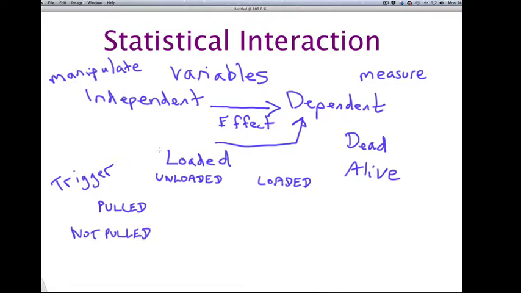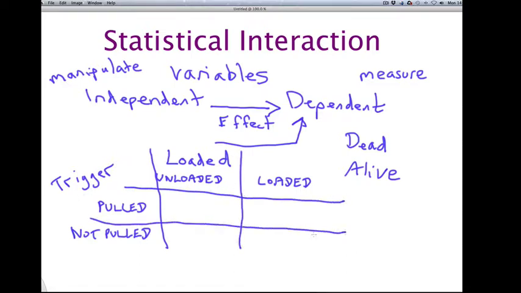So that gives us a table known as a 2x2 table, because there are two states of one variable against two states of the other variable. And it's the combination of these two variables that we're interested in, knowing what the effect is on the dependent variable.